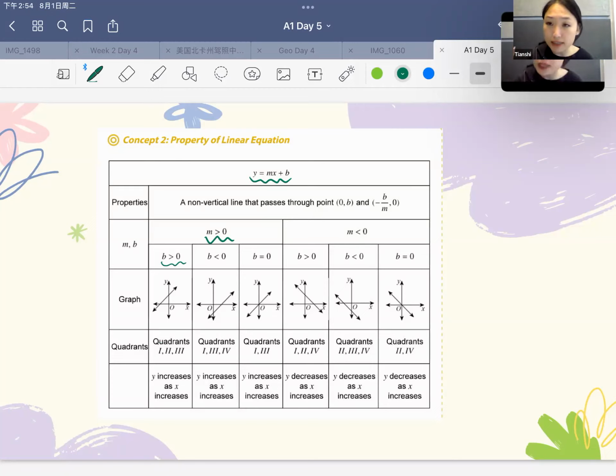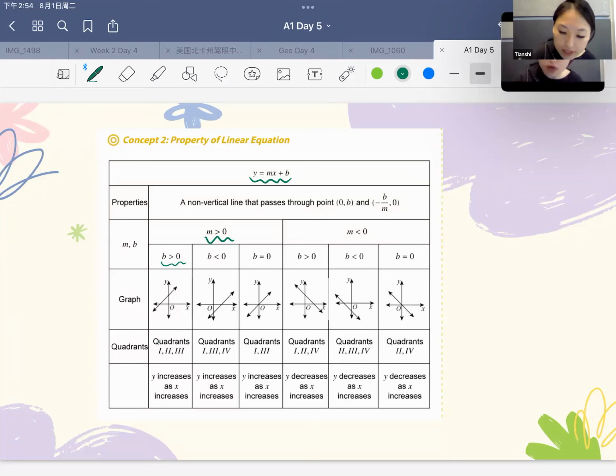But if b is a negative number, it passes through quadrants 1, 3, and 4. But if b is 0, the y-intercept is the origin, so it's a very special form of the linear equation. It is called direct variation.